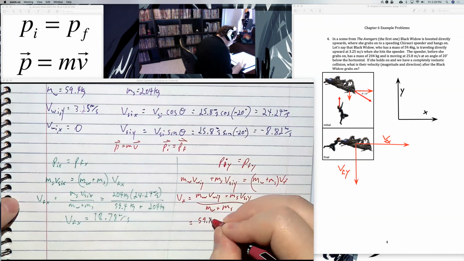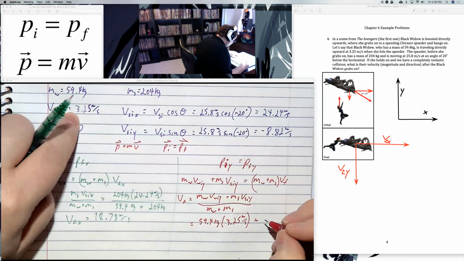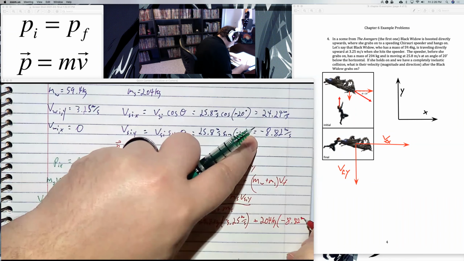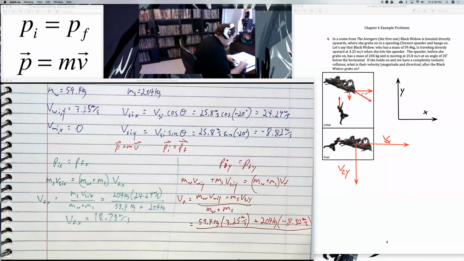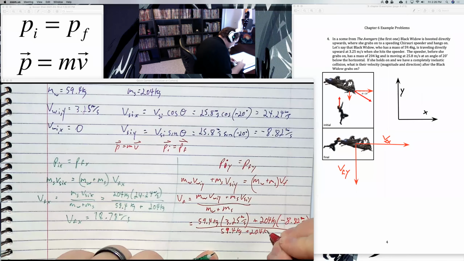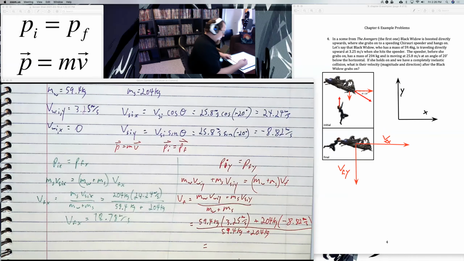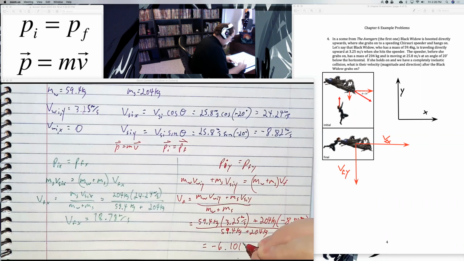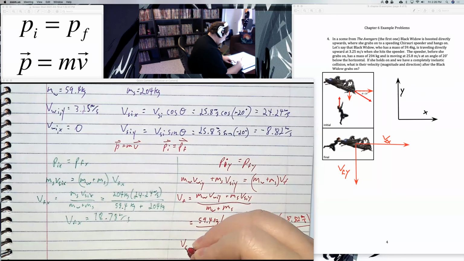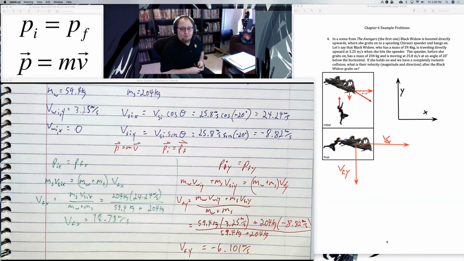So 59.4 times 3.25 plus 204 times negative 8.82, over 59.4 plus 204. And there we go. I now have the y component.